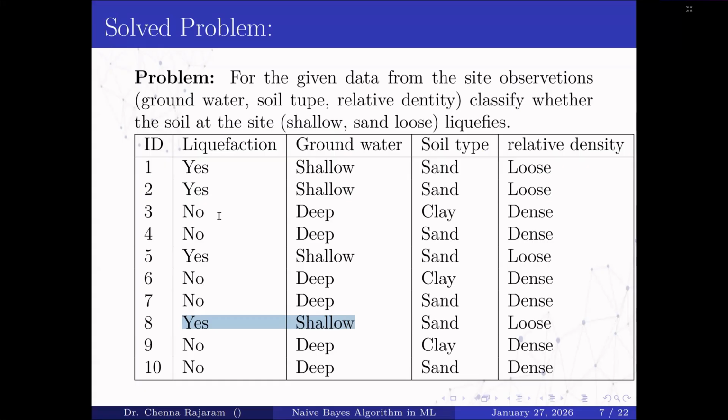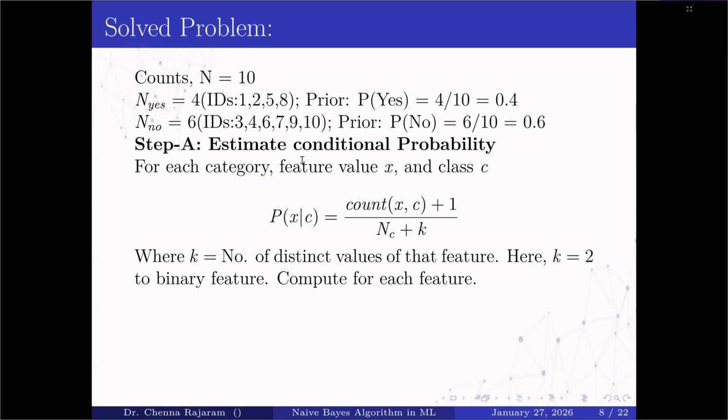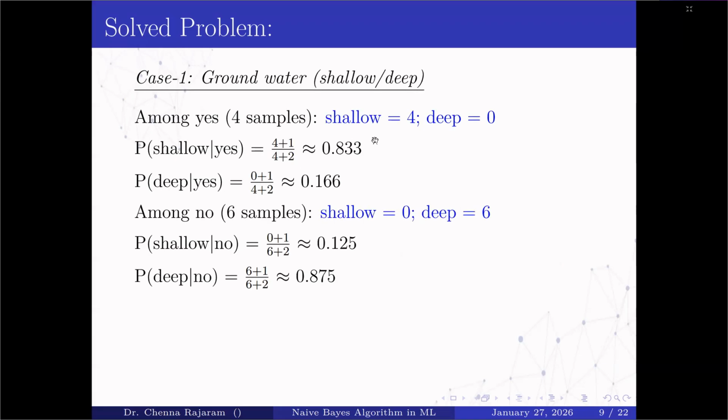Among the four samples, shallow is equal to 4 and deep is equal to 0. Now, what is the probability of shallow given S? Based on the equation given in the previous slide, that is the count of x comma c. The count of x comma c is 4, that is shallow, because we are calculating for shallow.